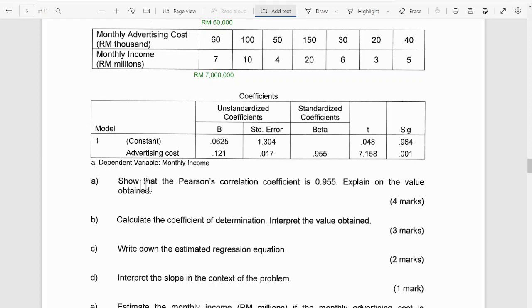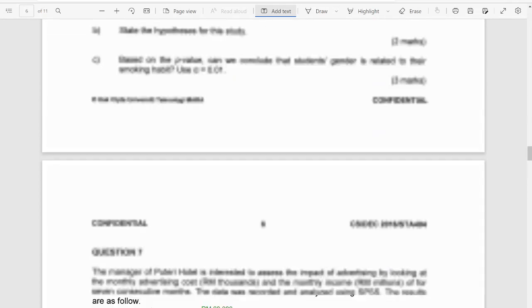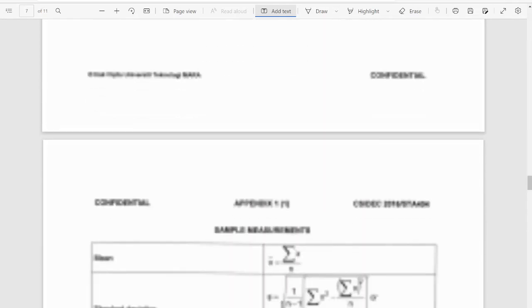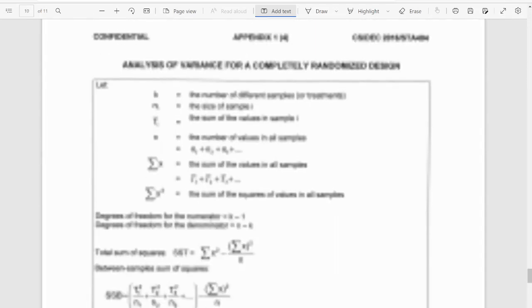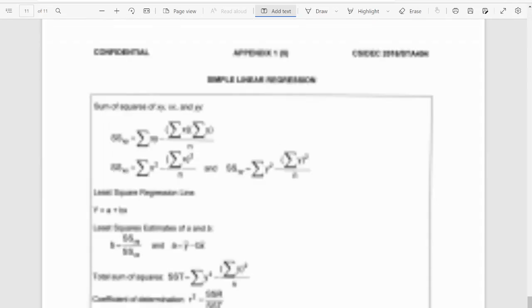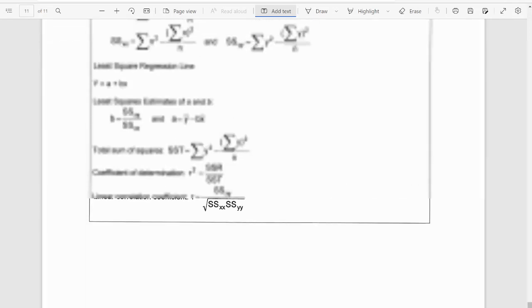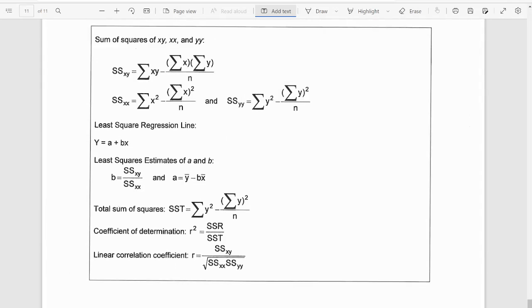To calculate the value manually, you need the summation value of each of the variables. To get the Pearson correlation coefficient, in the exam they give you the formula, at the very end. So this is the formula.